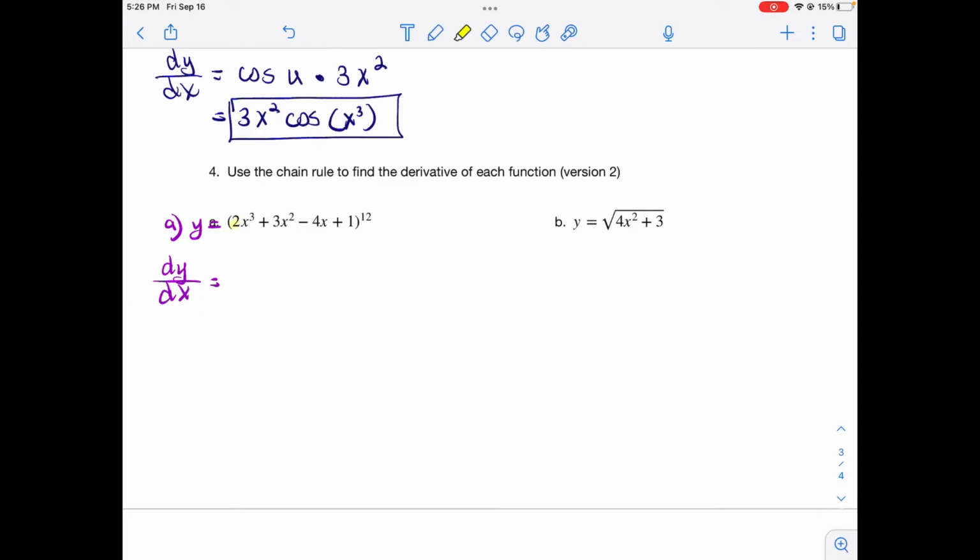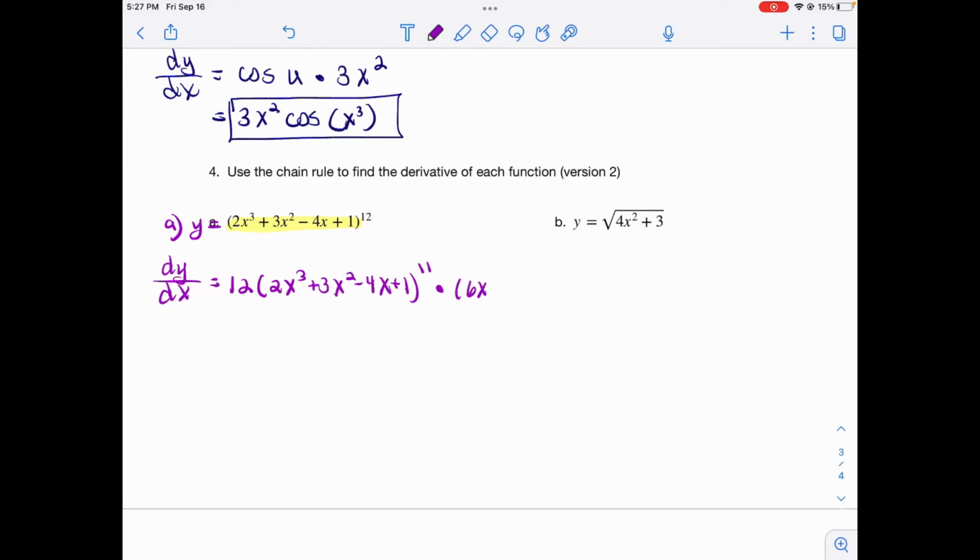So what you're going to do is take that inside and think of it as just our term. And so here I have something raised to the 12th power. So we're going to use our power rule, and that's going to be 12 times that something, which is this polynomial, raised to the 11th power. And then we're going to multiply that by the derivative of the highlighted part, the inside.